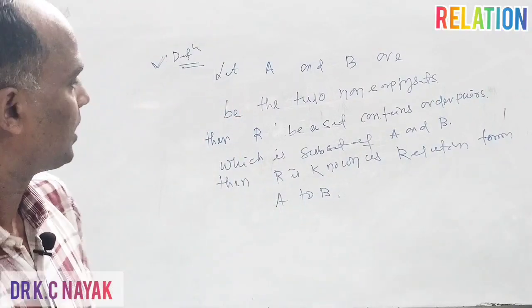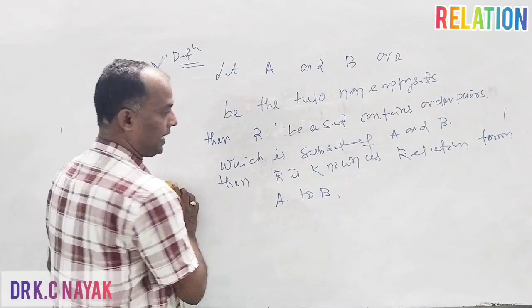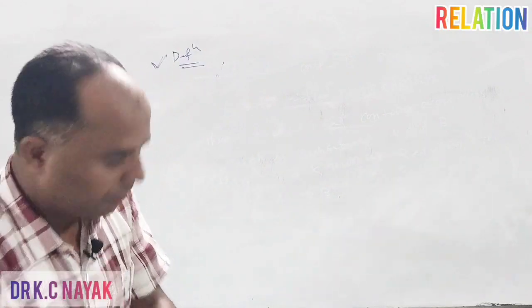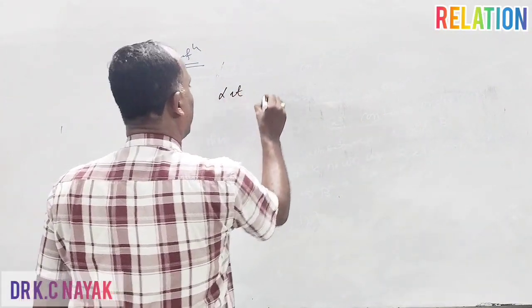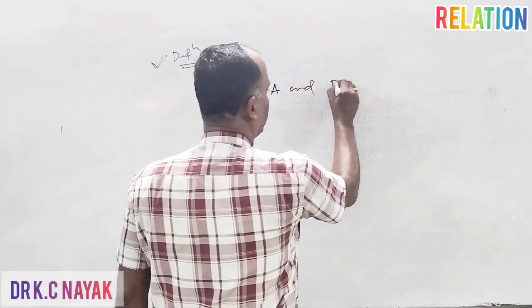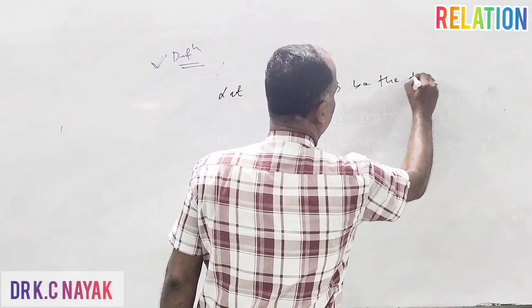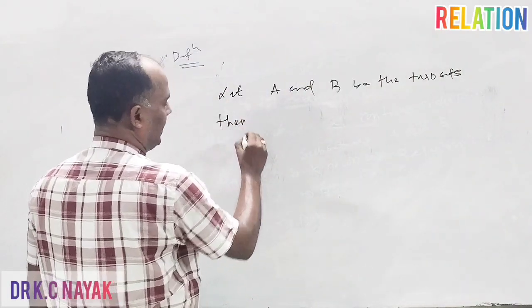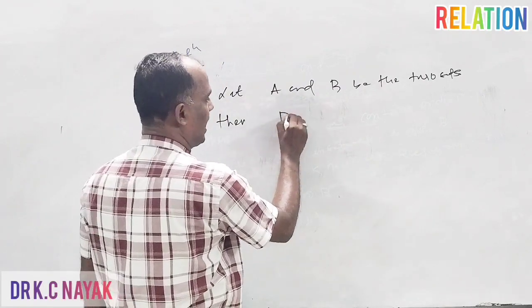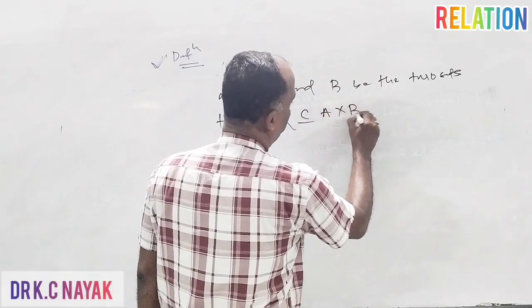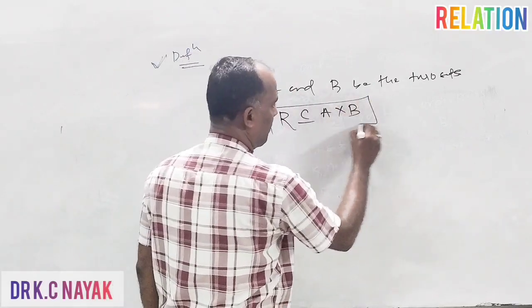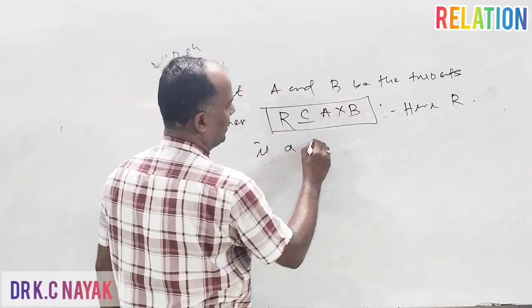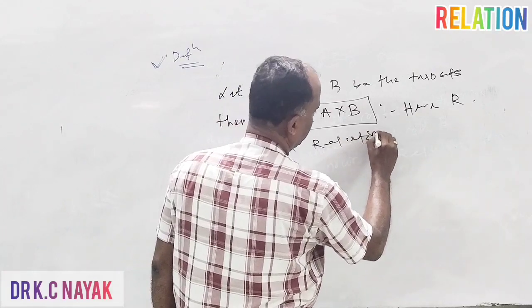Just you write it again. Let A and B be two sets. Then any subset of A cross B, that means R is a subset of A cross B. Here R is a relation.